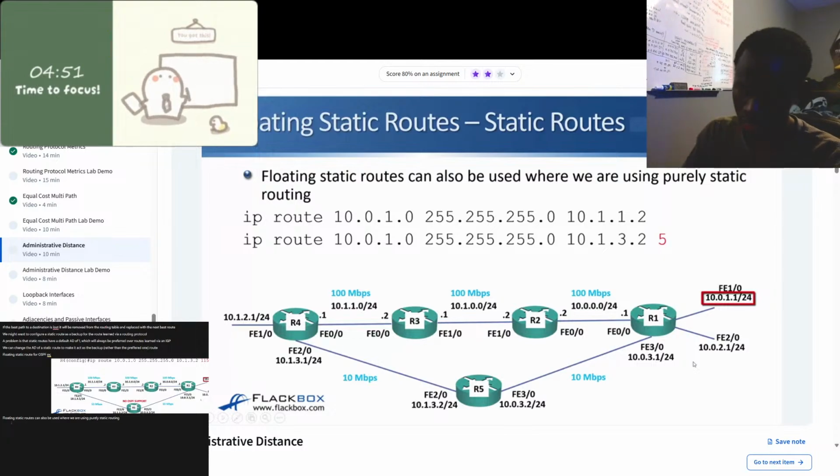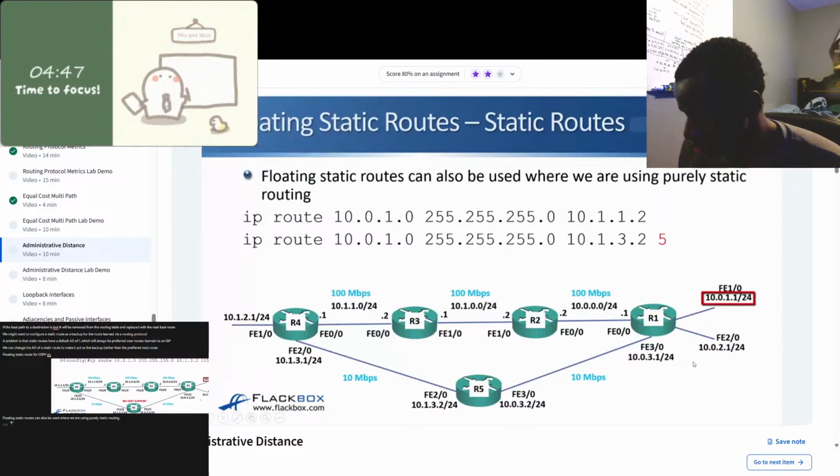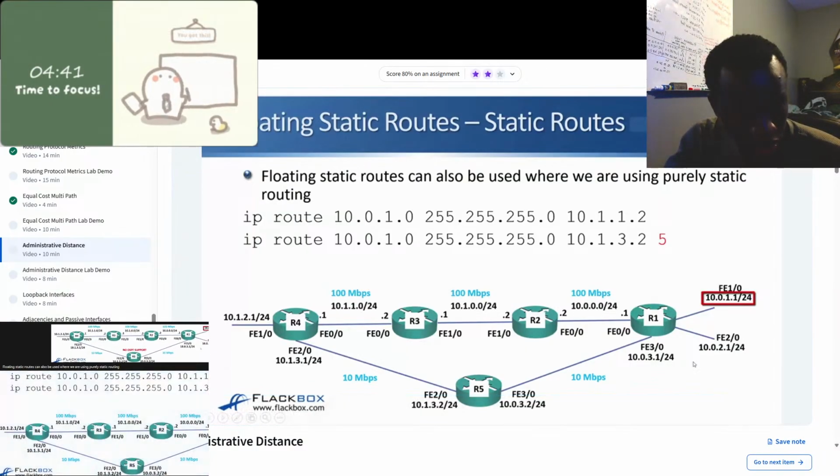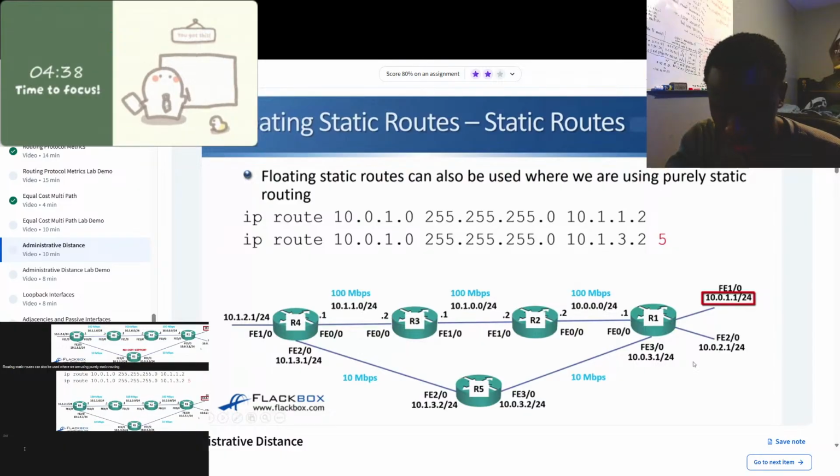I would do that by giving it an administrative distance of 5. If I just entered both of these routes without an administrative distance, it would load balance between the two of them. By adding the second route with an AD of 5, it's only the first route that will make it into the routing table. But if the link from R4 to R3 goes down, it will be removed from the routing table and we will use the second route instead.